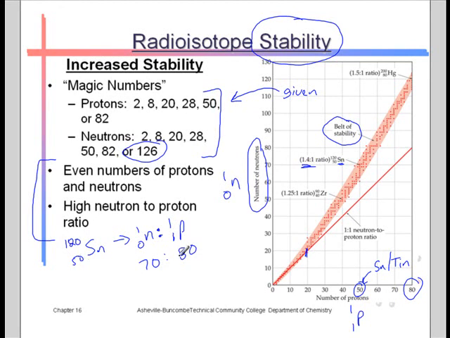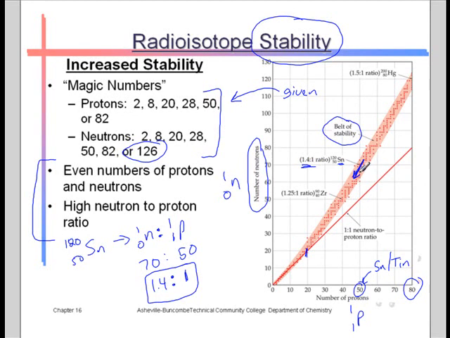And then if I divide 70 by 50, I get that 1.4 to 1 ratio. And not just for tin, but any of its neighbors as well, there's some range in here where this works pretty well, and then this is a fairly stable isotope. If it does decay, if it does fall apart, it's typically going to track that way.